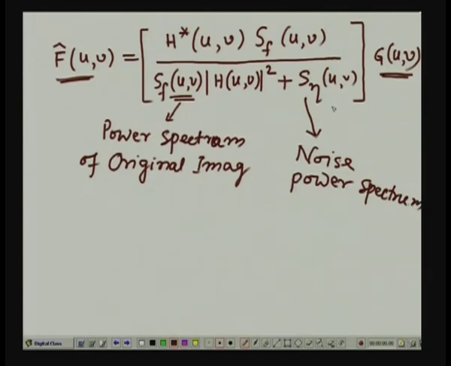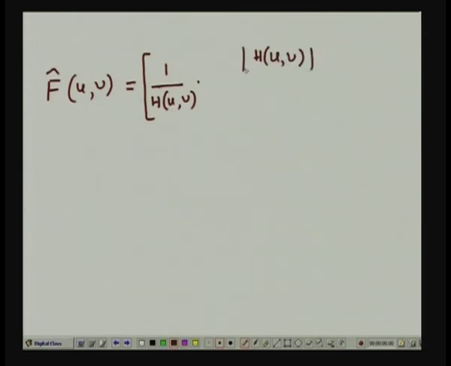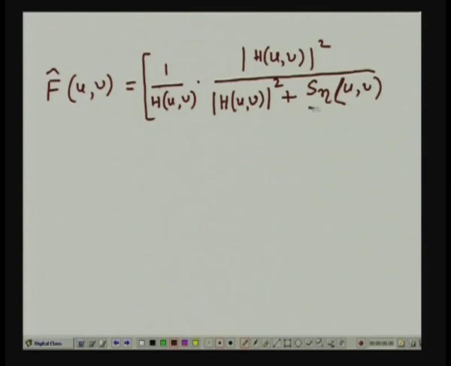Now, if I simplify this particular expression, I get an expression of this form: f hat u v is equal to 1 upon h u v, into h u v square upon h u v square plus S eta u v upon S f u v, into g u v.